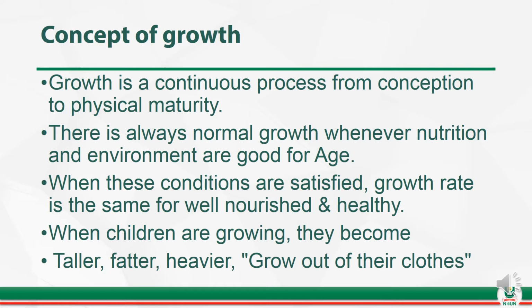If these conditions are satisfied, it ensures that growth rate is the same for a well-nourished and healthy child. So when children are growing, they become taller, they become fatter, they become heavier, and they grow out of their clothes. These are terms we use to express growth.